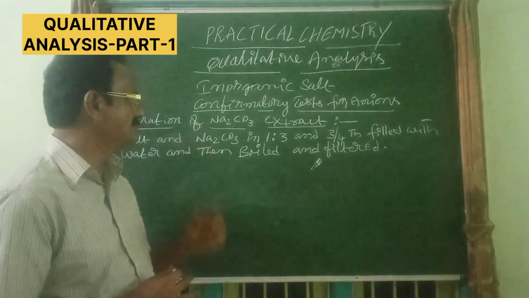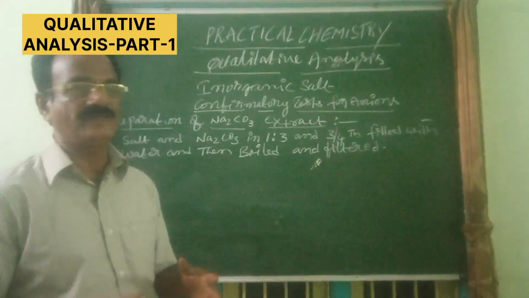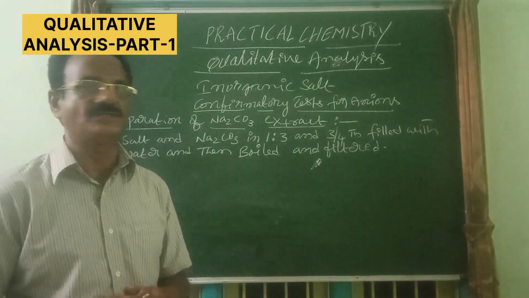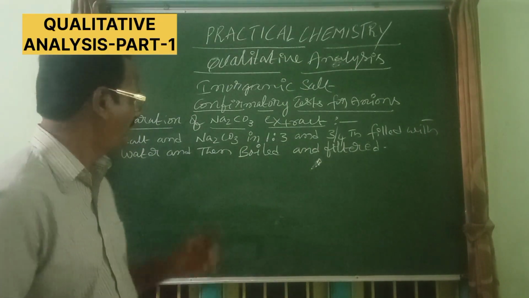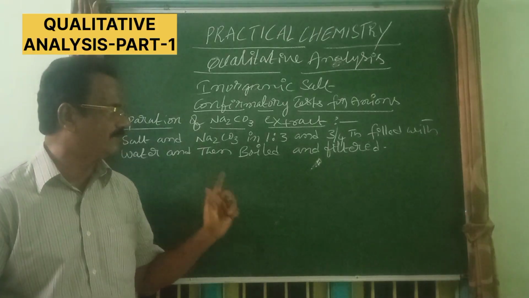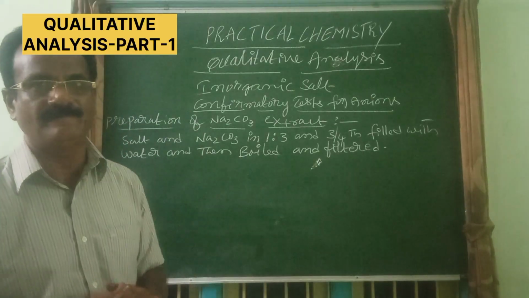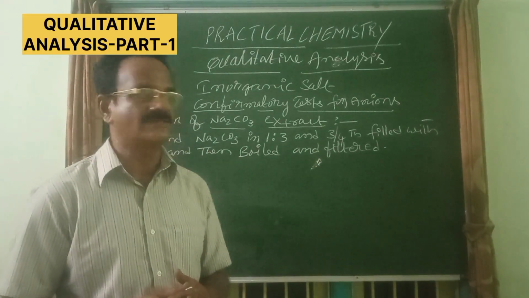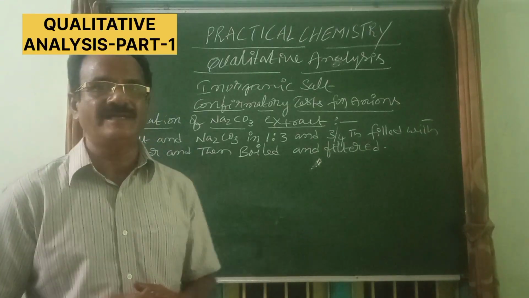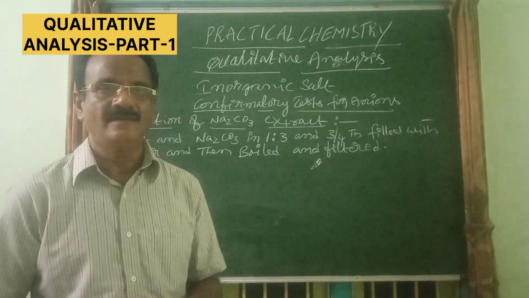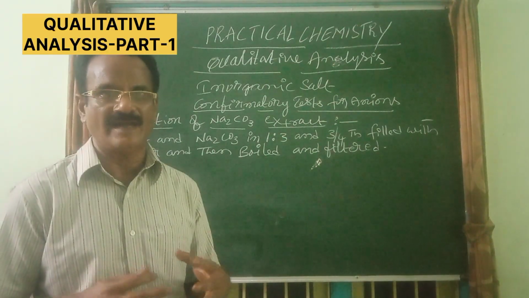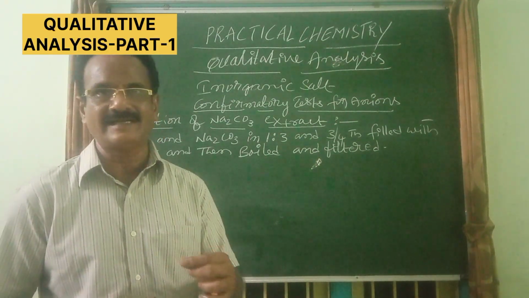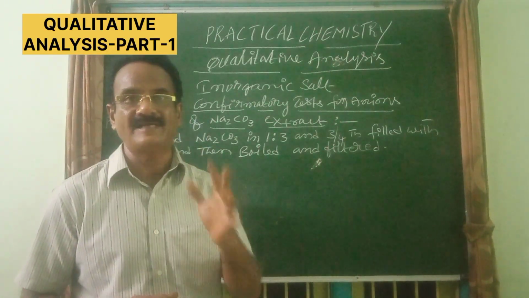Salt and Na2CO3 is to be taken in 1:3 ratio and 3/4 of the test tube filled with water and then boiled and then filtered. The filtrate is called sodium carbonate extract. So during confirmation of anions, this extract is to be used for best result.